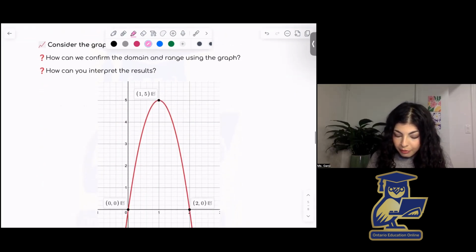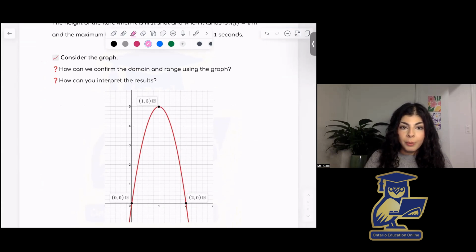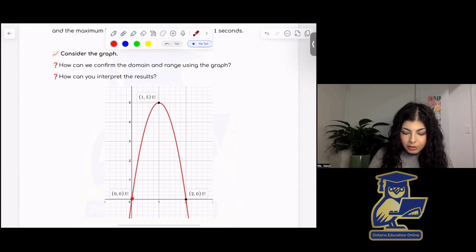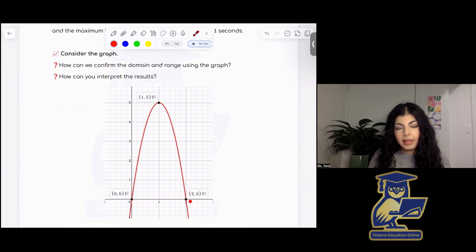Looking at the graph here, can you confirm the domain and range using this graph? We see that yes, we go from 0 to 2 here, which is that t value. If we are looking at the motion up and then it goes back down, those t values hold. And same with our height: we reach our maximum height of 5, and then we reach back down at 0. How can you interpret the results?